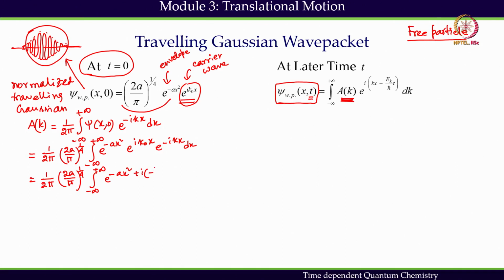So I have (k plus k0) x dx. The standard Gaussian integral will give me pi by a, e to the power minus (k minus k0) whole square by 4a.